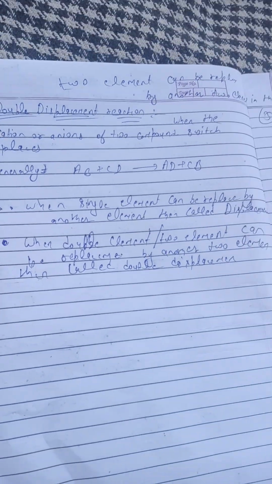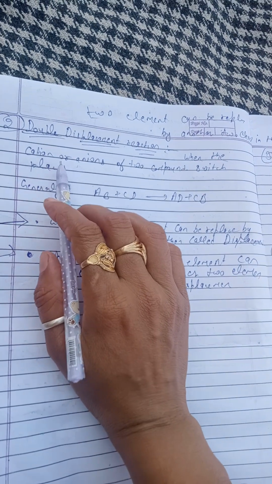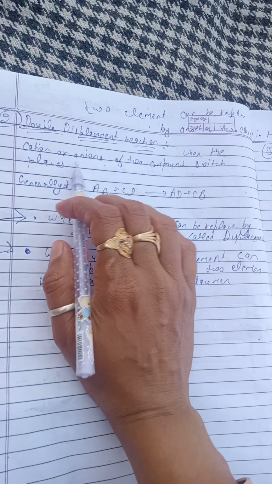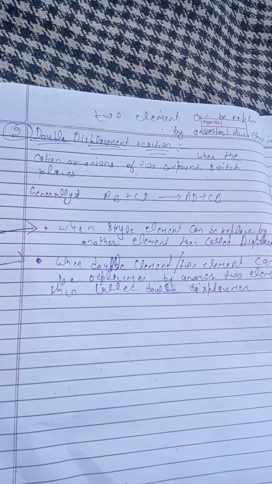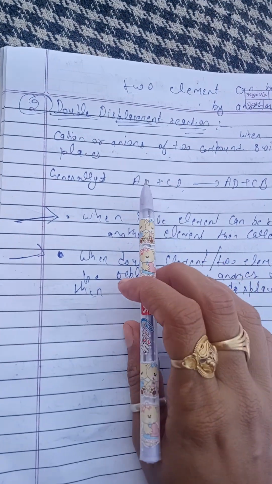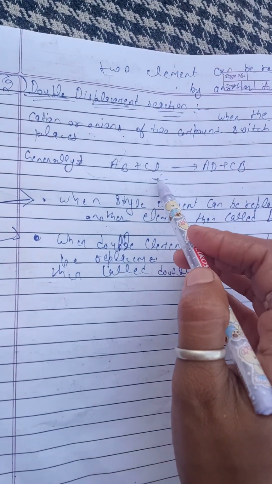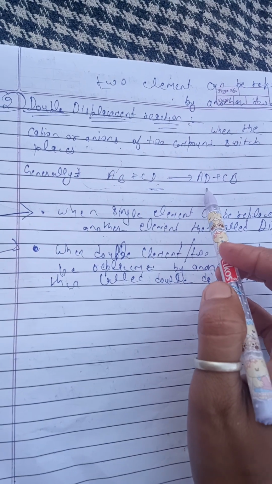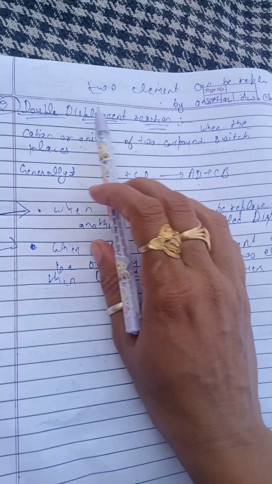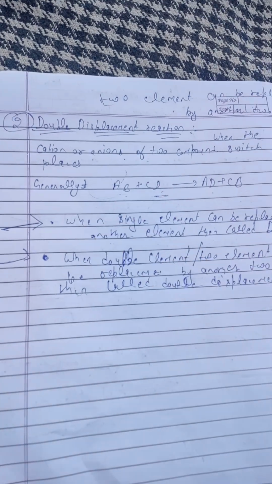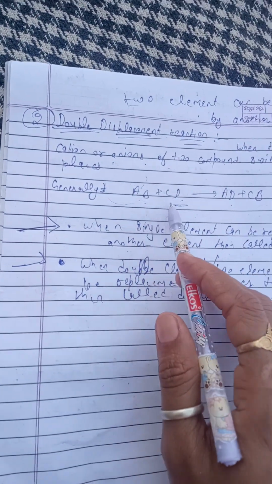It means that when the cation and the anion of two compounds switch places, both are replaced by another cation and anion, then it is called the double displacement reaction. In general form we can say AB plus CD.